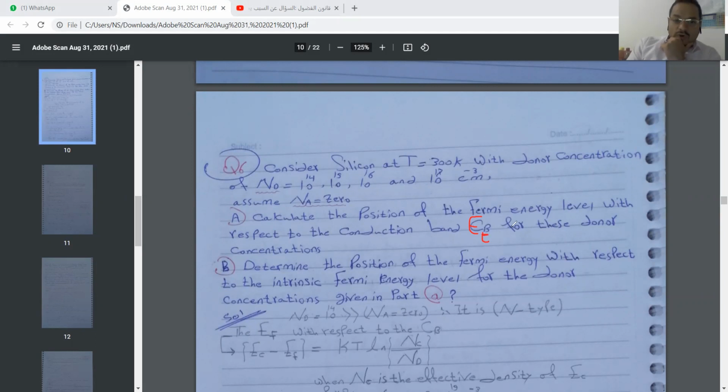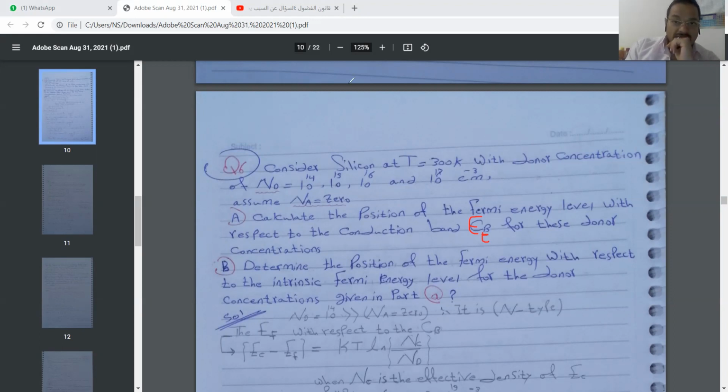For this donor concentration, let us calculate the position of the Fermi energy level, that means EF, with respect to the conduction band EC. Let's solve it. After that, we will come back to requirement B.